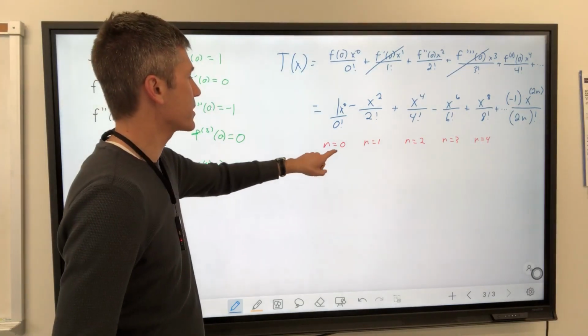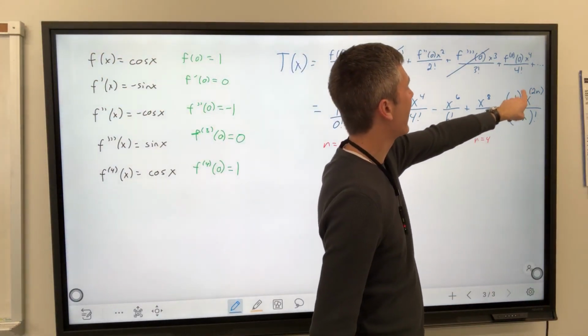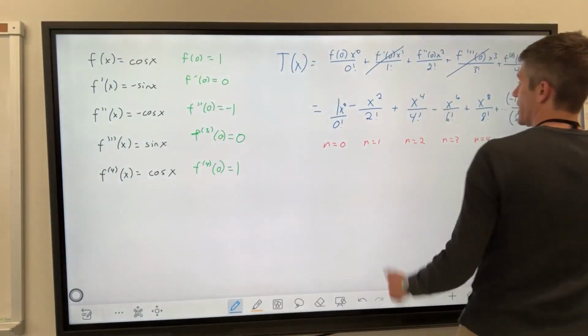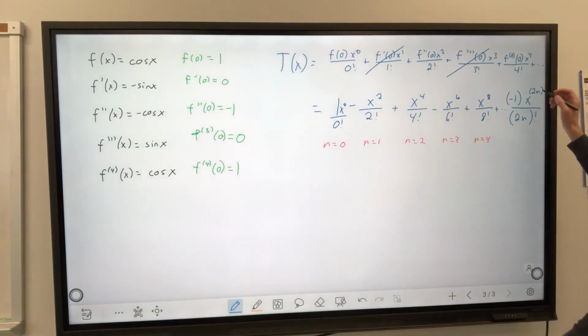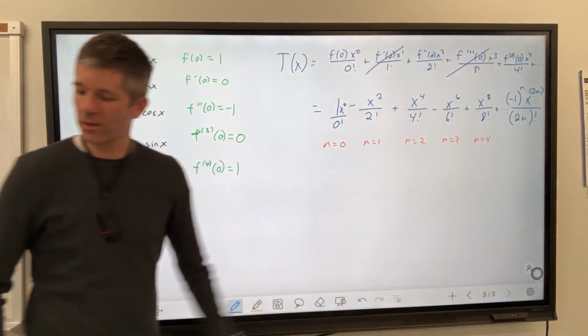Here we go. If I plug in a 0 right there, I would get positive. That's what I want. If I plug in an odd, I'll get a negative, and that's also what I want. So this is going to be n right there. And that works. Works beautifully, doesn't it?